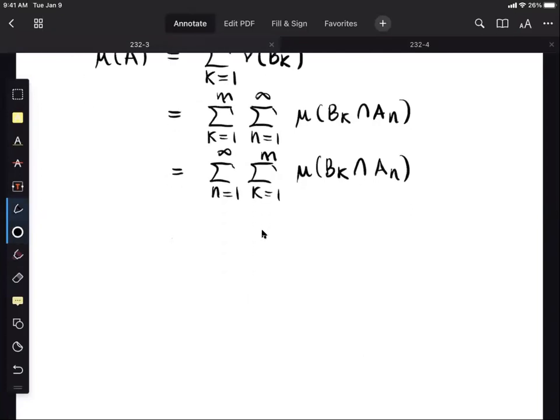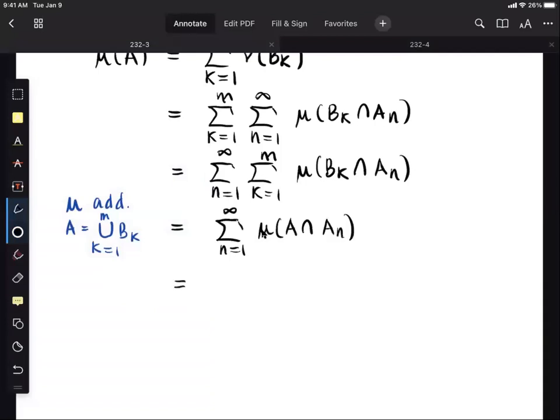And now, take note that if we take the union of the B sub k's, here we apply the additivity of mu because it is a content, and at the same time, take note the union of the B sub k's, k from 1 to m, is equal to A. So applying these two to the previous equation, the inner sum is nothing but the content of A intersection A sub n.